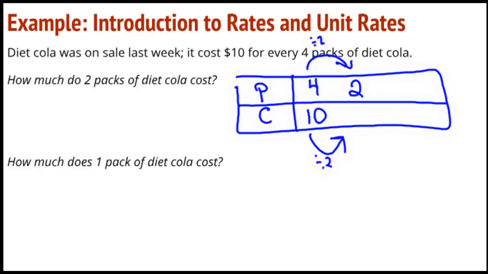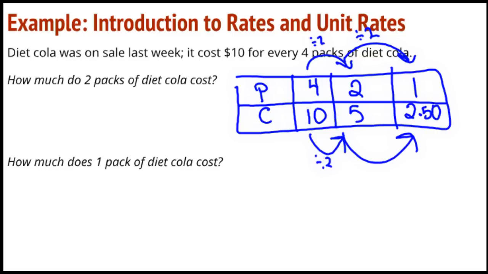So I'll divide by 2, and I would find out that 2 packs would be $5. And if I wanted to extend this and take it out to 1 pack, I would divide by 2 again. So scaling down some more, and have 1 pack and find out that it would cost $2.50.